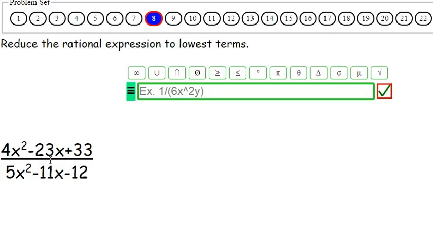Alright, so we got 4x squared minus 23x plus 33 over 5x squared minus 11x minus 12. Let's write that down real quick here. Okay, got it.